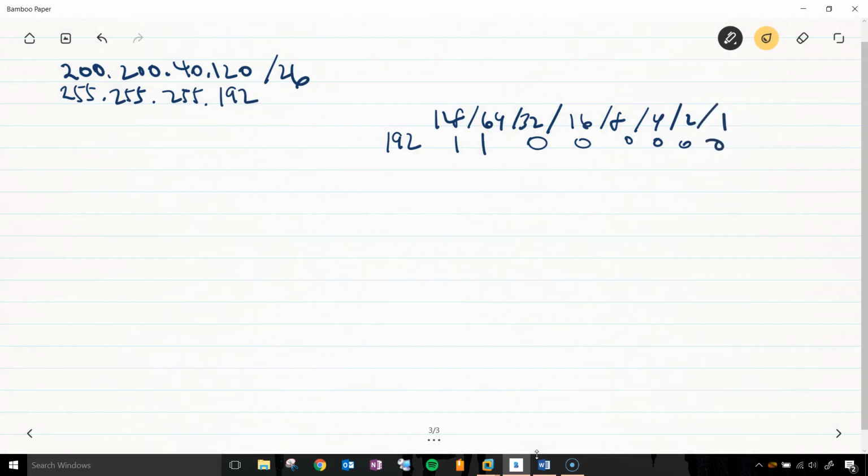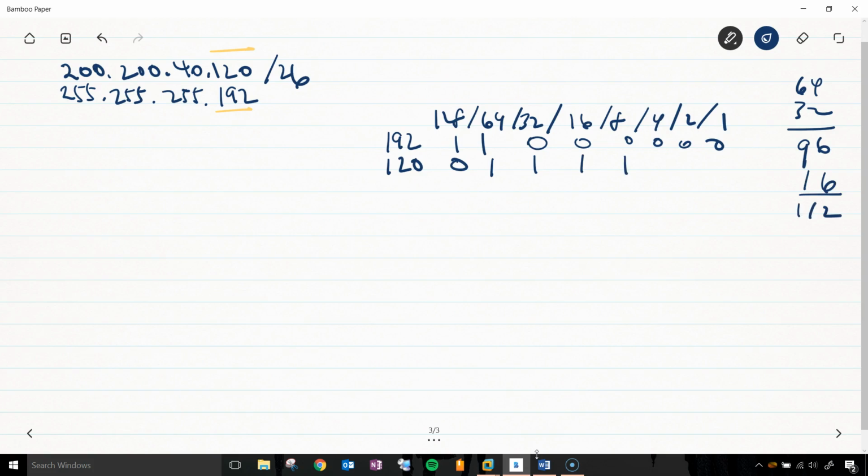We want to take the number where the subnet and host portion are split and the one directly above it, and AND them to determine the subnet number. So 120 converted back to binary. 128 is too much. 64 and 32, that's 96, and 16, 112, and 8, 120.